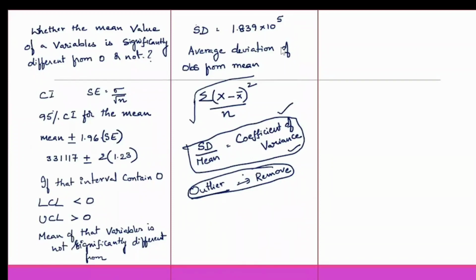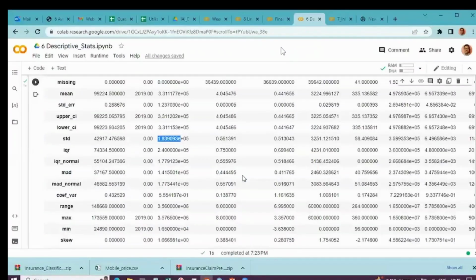So sometimes what we suggest is, if this ratio is going too high because of one observation or a few observations, then it is an indicator that dropping those observations, if it brings down the coefficient of variance, is going to be an advantageous thing.